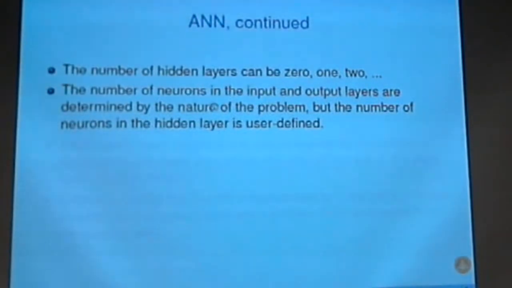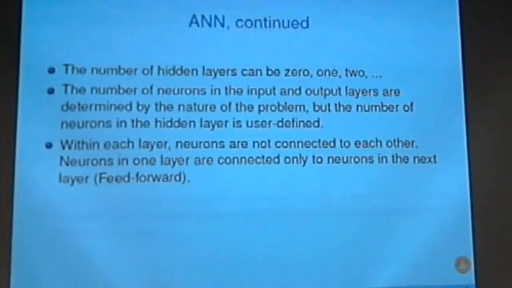The number of neurons in the input layer is the number of feature variables, the input variables. For output layers, classification with 2 classes gives you 1 output. This is a difference between them, and otherwise it depends. We're going to see that later.